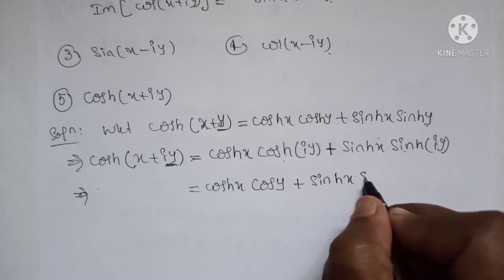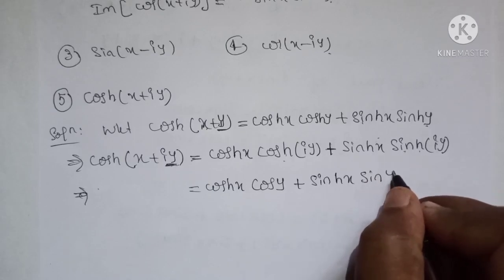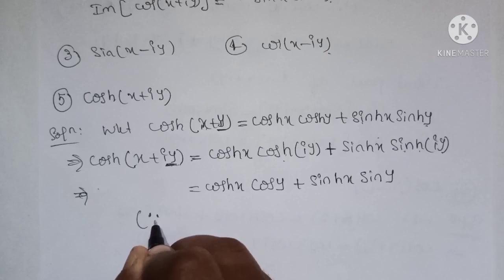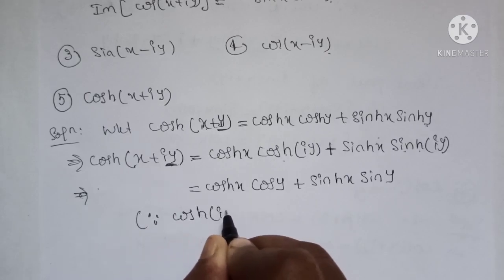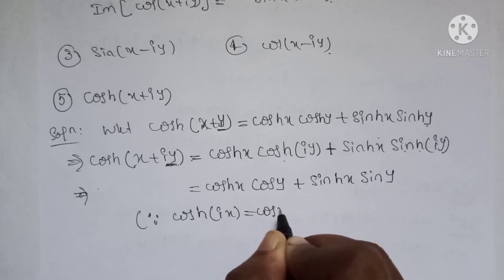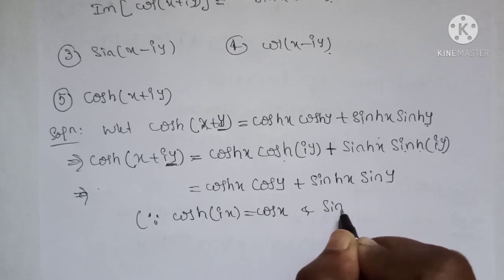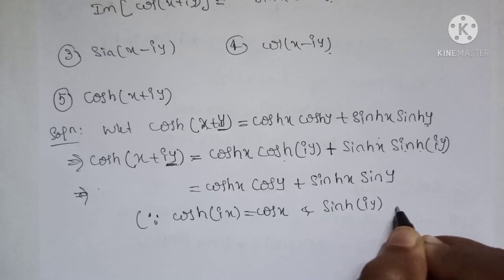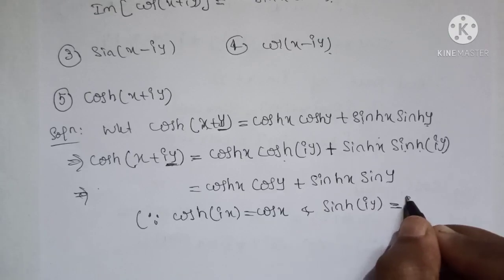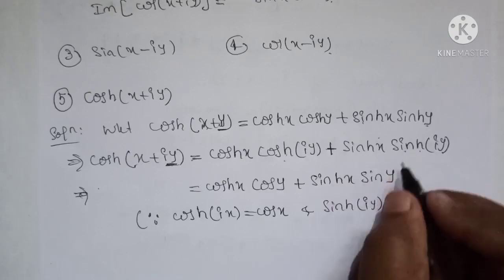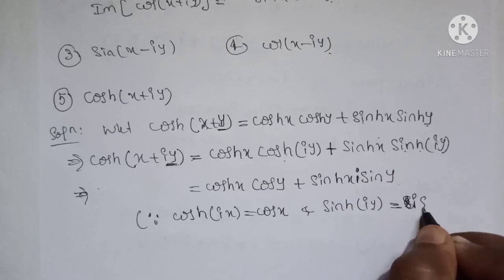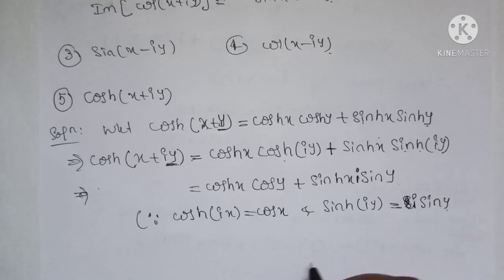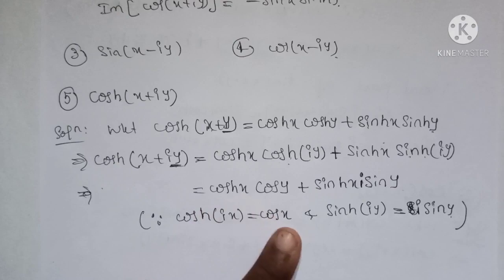Here we get sin y, because here we are using the formula cos h of ix is equals to cos x, and sin h iy is equals to, sorry, here we get i sin y. So this is the conversion of hyperbolic into circular function.